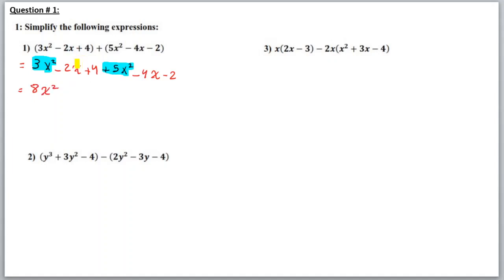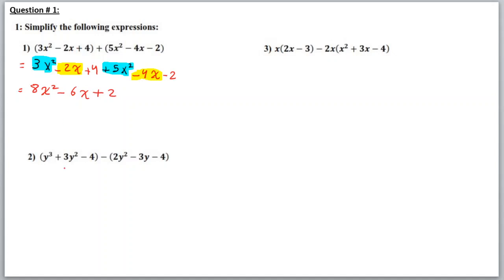And then minus 2x minus 4x, so the answer will be minus 6x. And then 4 minus 2, so plus 2. This is the final answer. Why? Here we have x squared, here we have x, here we have 2. So they are unlike terms.